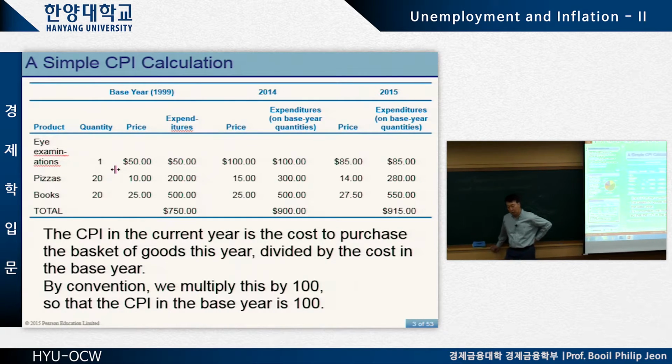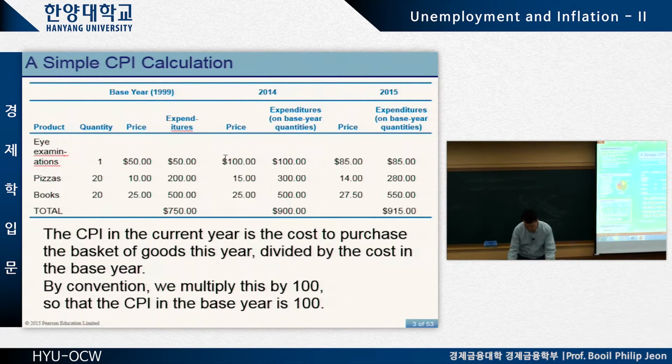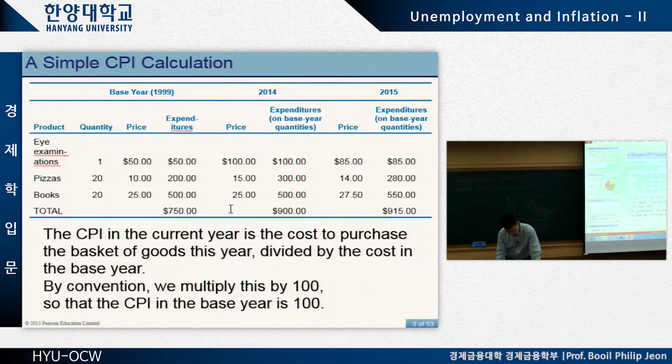So they use the same item and same quantity, but just multiply different prices. So in 2014, the total expenditure or total cost of living came out to be $900. In 2015, $915. So these changes reflect only the changes in prices, because we are using the same quantity.